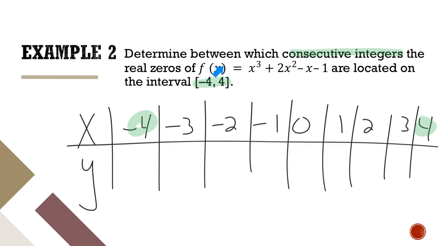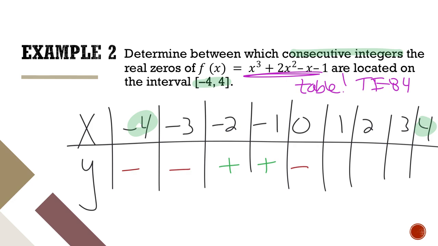You are allowed to type this into your graphing calculator and use the table function on the TI-84, and that will actually give you all of those values. And you can notice that it's going to be a negative value, a positive value, a negative, goes back to positive, and positive. Now it goes from negative to positive here, positive to negative here, negative to positive here.